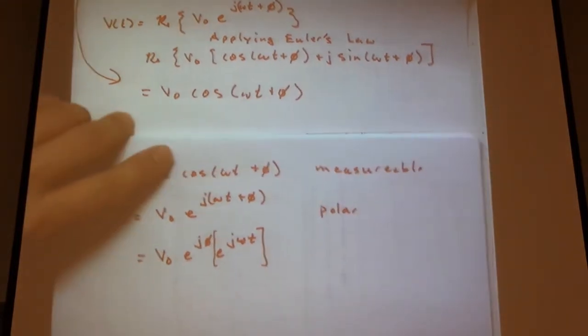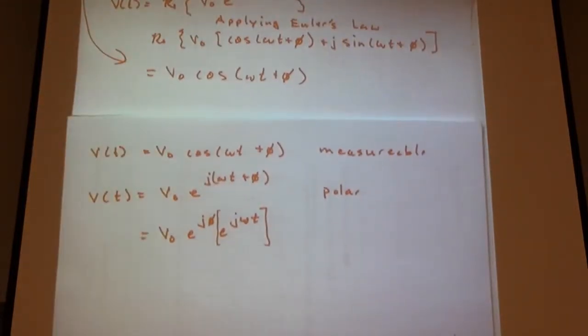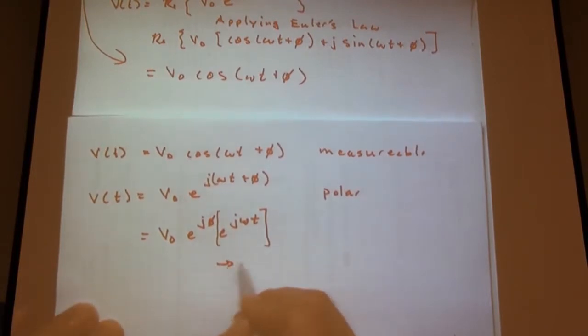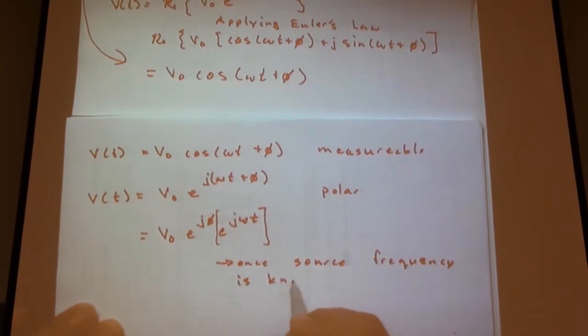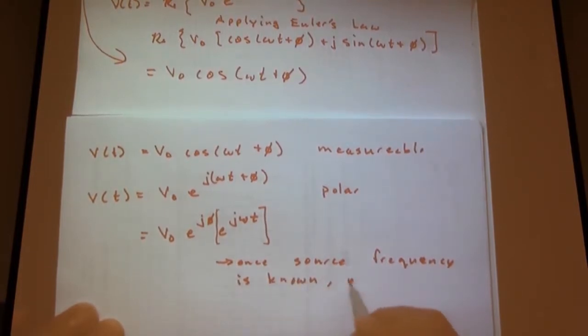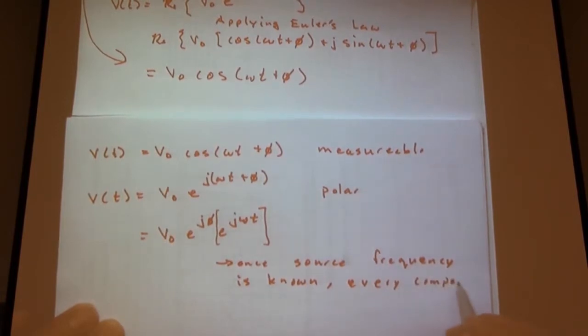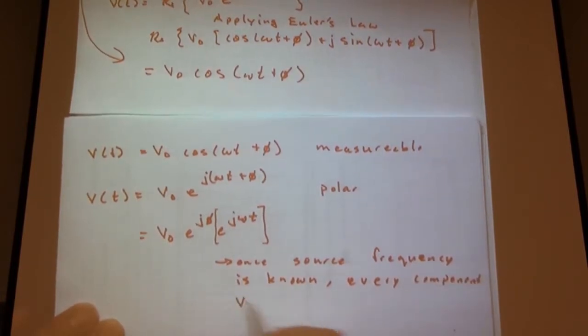So no matter what, once we set the frequency of the source, once source frequency is known, then every component, V and I, oscillates at the same frequency.